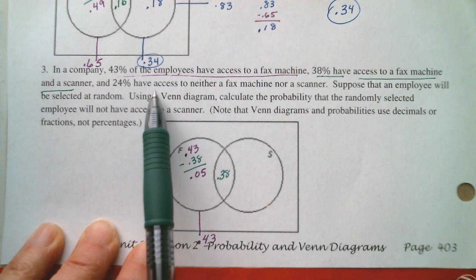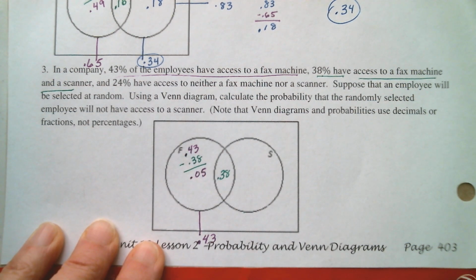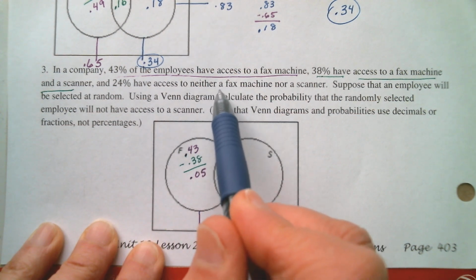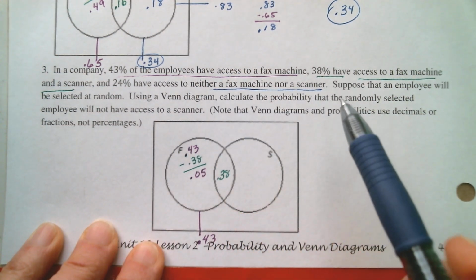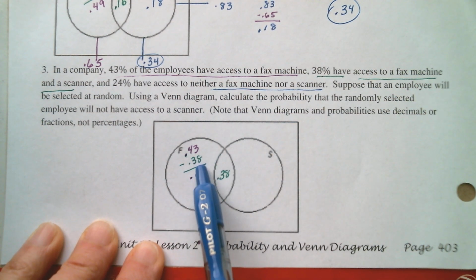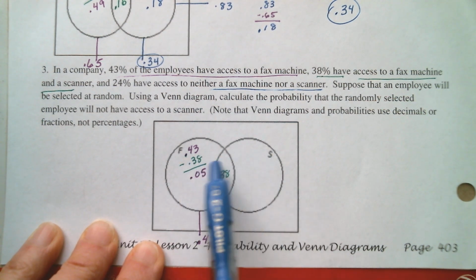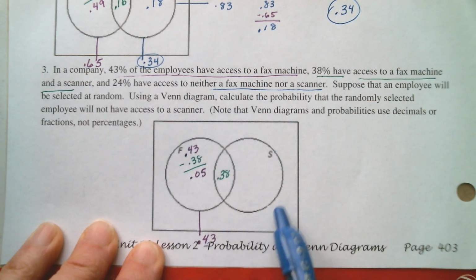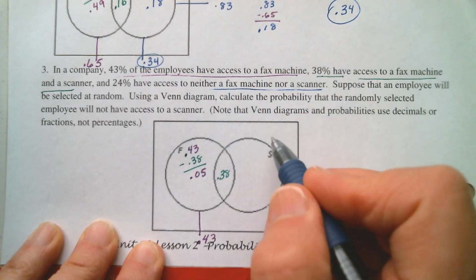And 24% have access to neither a fax machine nor a scanner. Okay. So that's everything outside of fax machine or scanner. So no fax, no scanner. So outside here, that's 24%.